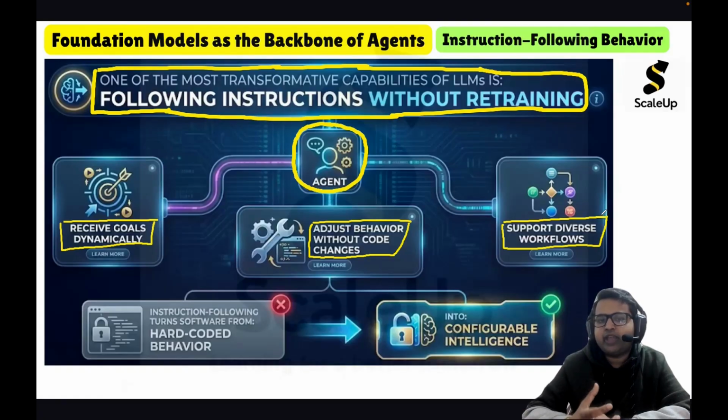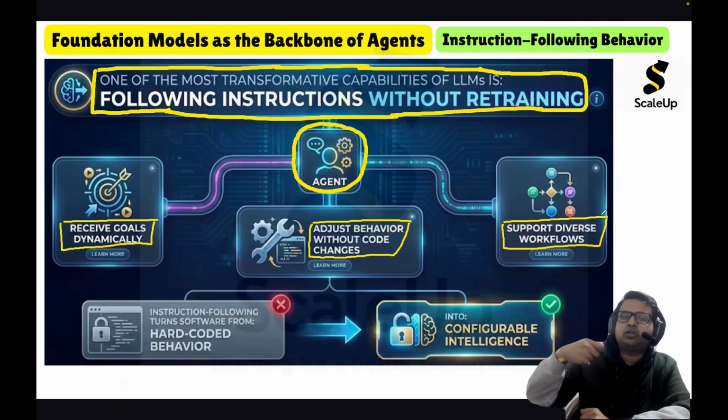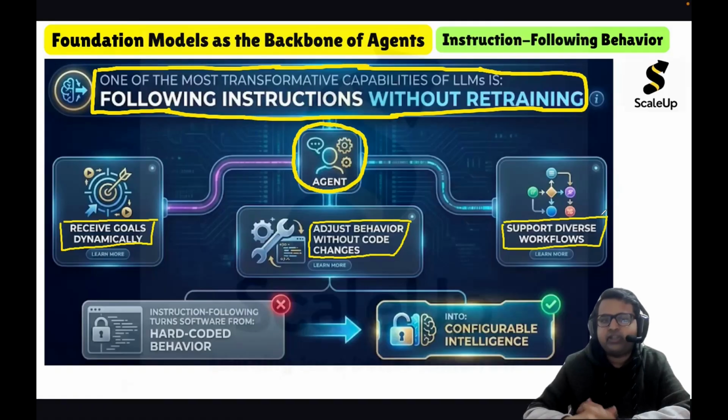They can adjust behavior without code changes. No need for us to change the code every time. We just keep on giving it our goals and it will keep on following the instructions and accomplishing those goals. This general purpose intelligence enables agents to accomplish diverse workflows, and this makes it very powerful.